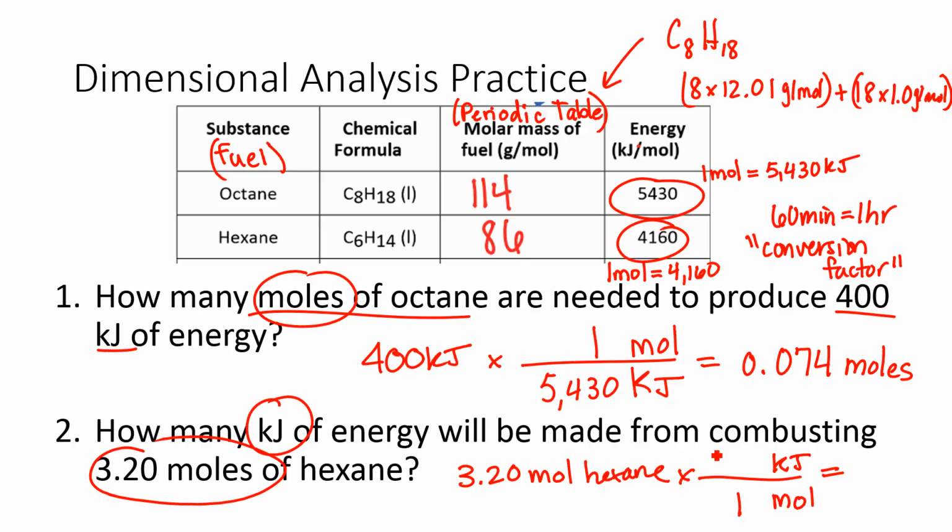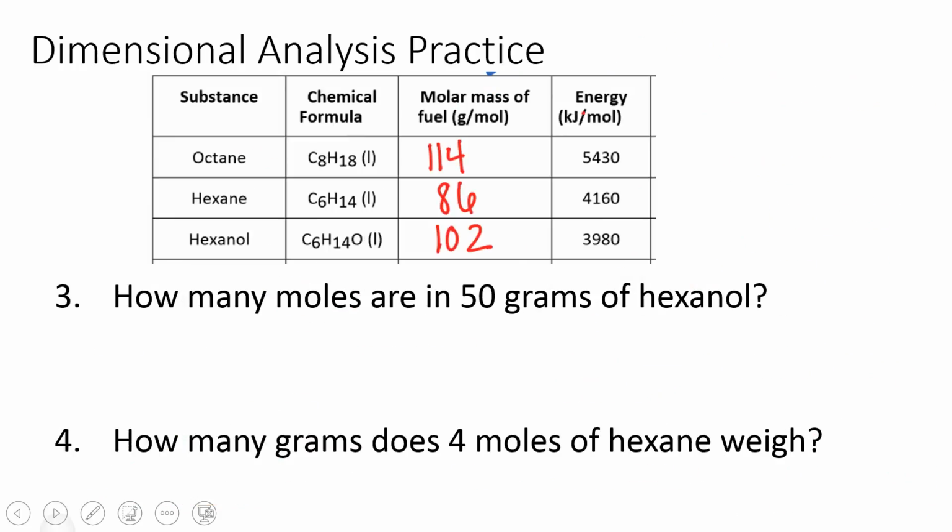Notice in the first problem, the energy was on the bottom. Second problem, energy is on the top. It all depends on what the question is asking for. So the units that you want should go on the top. Then 3.2 times 4,160 divided by 1, you end up with 13,300 kilojoules.